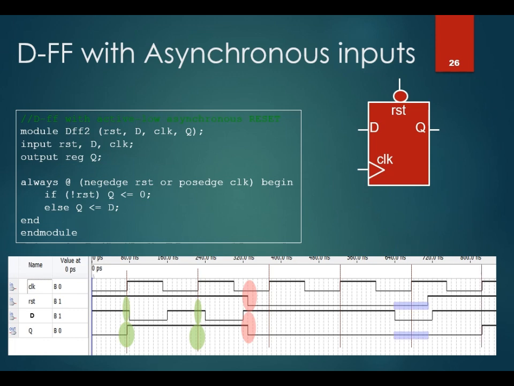During the reset time, Q stays 0 because reset takes effect whenever reset equals 0. Then when reset becomes 1, it behaves like an edge triggered flip-flop: when the clock rises, D transfers to Q.